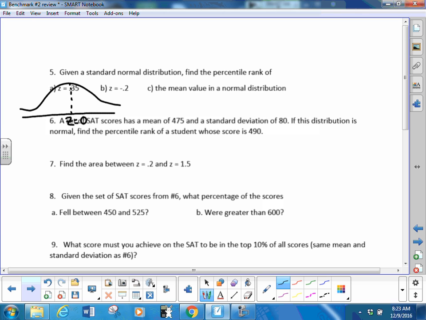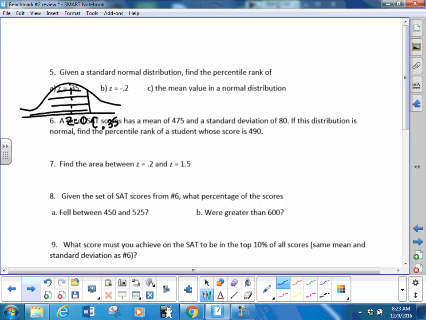So if we're looking for 0.35, we know we're just a little bit above the mean, not quite half a standard deviation above the mean. And we're wanting to know what percentile that will put us at.